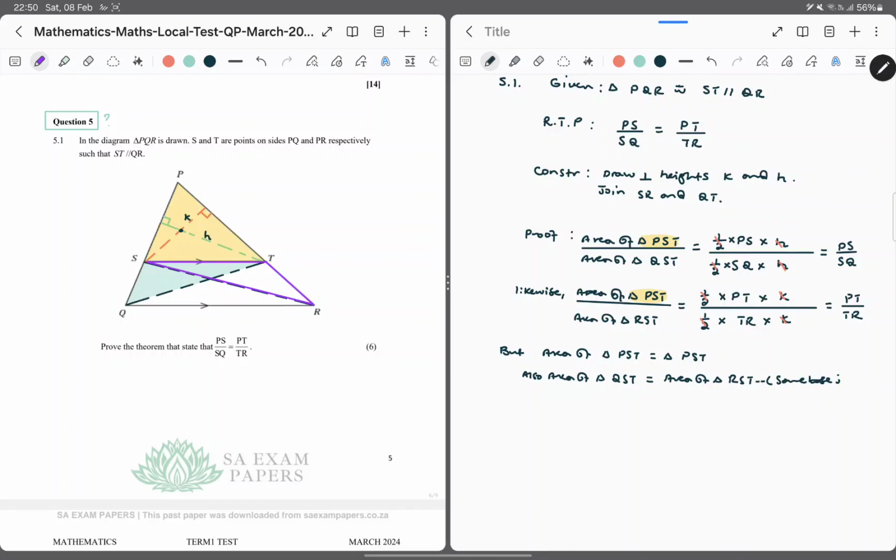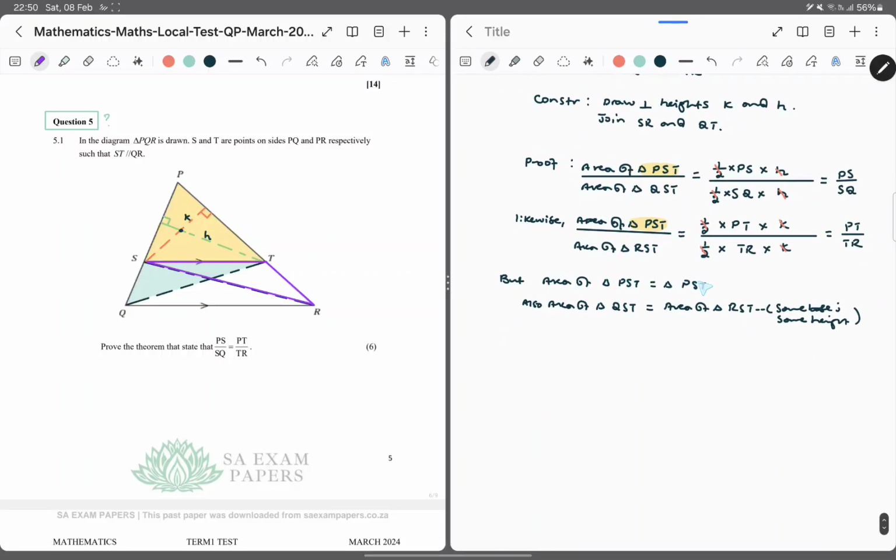And then, what else? We know that these two lines are parallel. Even if we drew this height on the outside, it's going to be the same as the height of the other one outside. So they will have the same height between the parallel lines. So we can see that the numerator is the same, the denominator is the same, therefore those two should be equal.